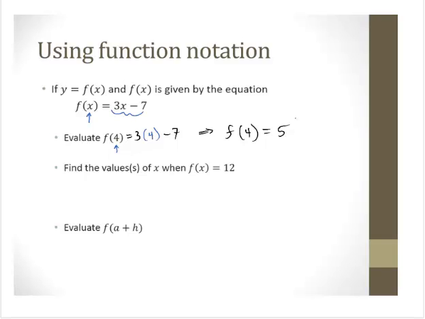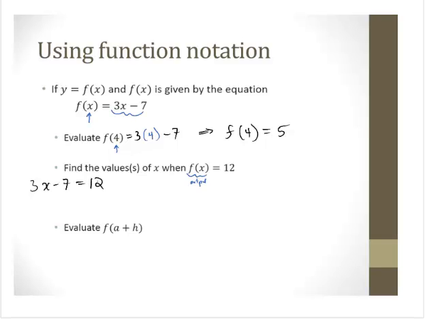Second, we have find the values of x when f of x is 12. Now this is, again, the output. When is the output 12? To figure that out, we would need to find when is 3x minus 7 equal to 12. And this is a linear equation.